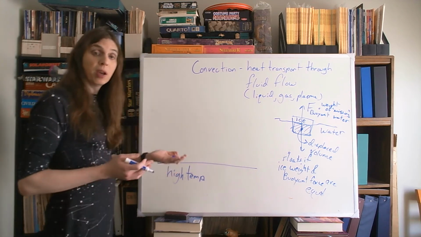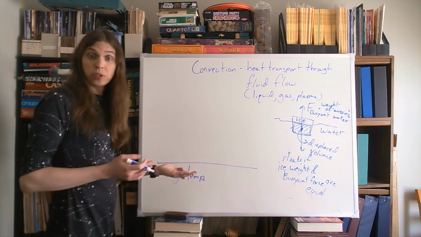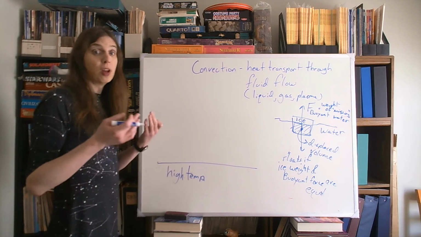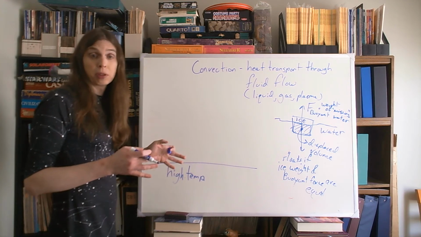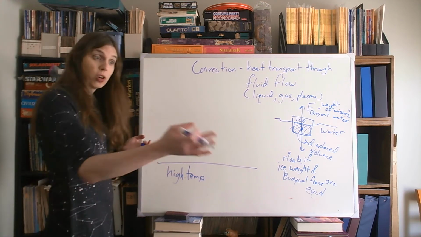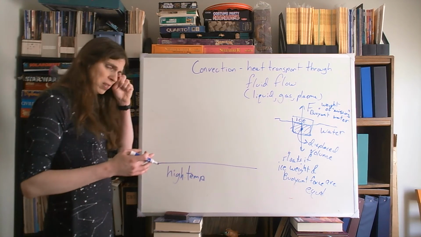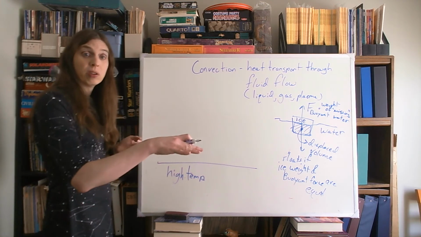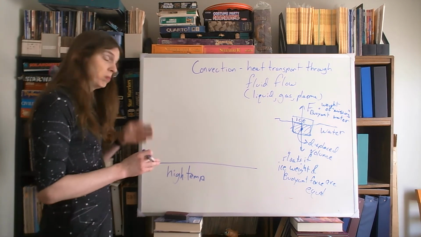It could be the heating element on a range on a stove top. It could be the mantle, or the core of the earth. It could be the light bulb in that lamp. It could be a radiator in a room.